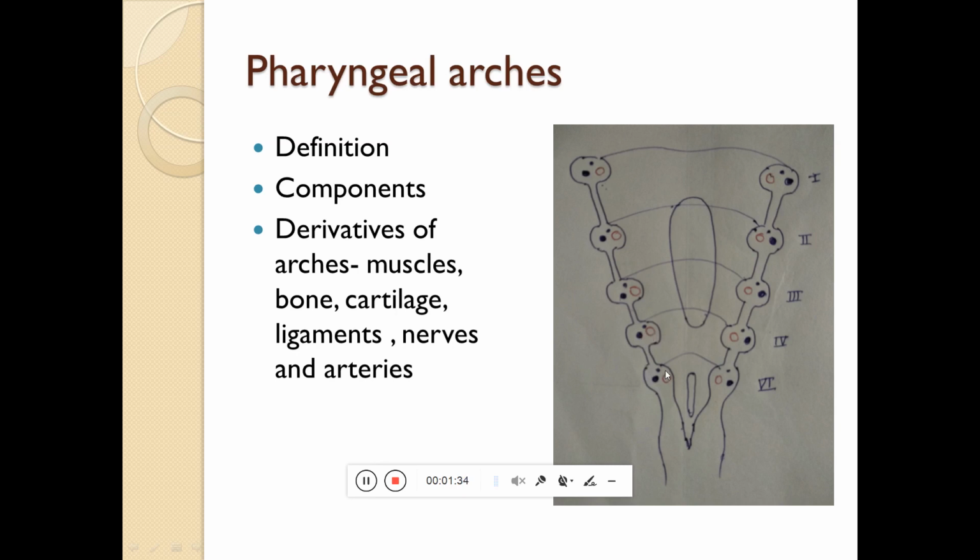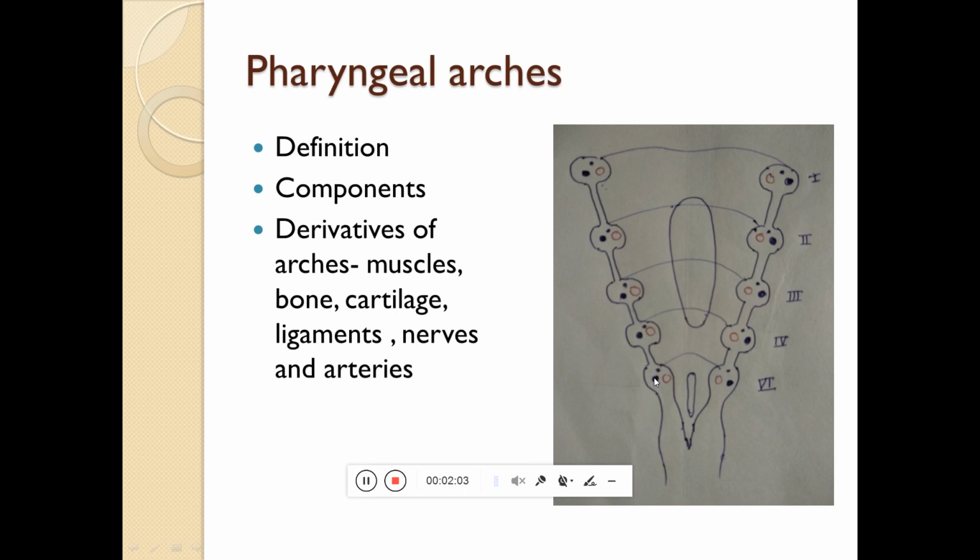The intrinsic muscles of the larynx are developed from the sixth arch, and the nerve of this arch is the recurrent laryngeal nerve. So these are the derivatives of the different arches: first, second, third, fourth, and sixth, and the fifth disappears. Each arch has mesodermal components.